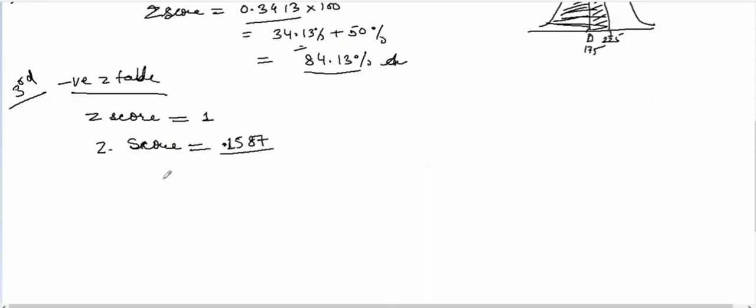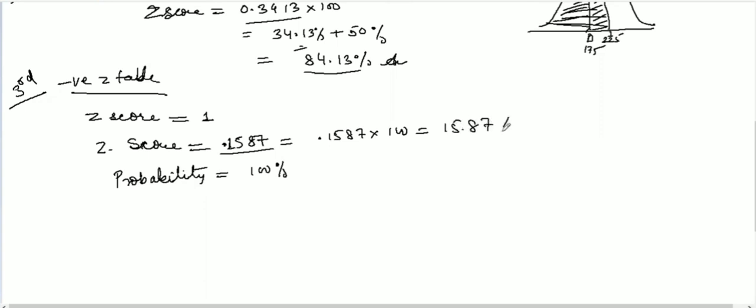Now from the negative table, you have to find the probability. So you have to write down 100%. First convert this into percent. So 0.1587 multiplied by 100 will give you 15.87%.